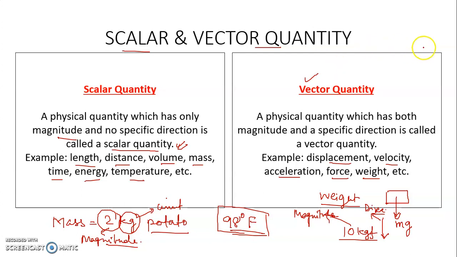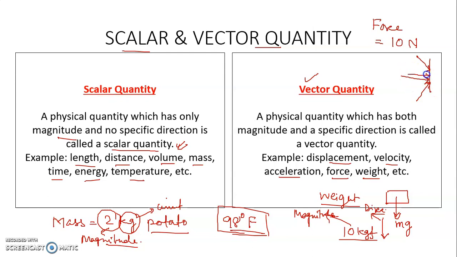Let us take another example. Suppose force. Now you tell your friend that I apply a force of 10 Newton. Now how is the force applied? Suppose this is a wall and you are applying a force of 10 Newton on the wall. But how you are applying, it is not clear. You can apply in this way, you can apply in this way, you can apply in this way.